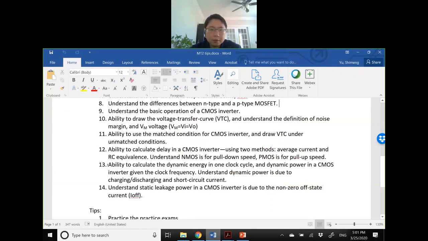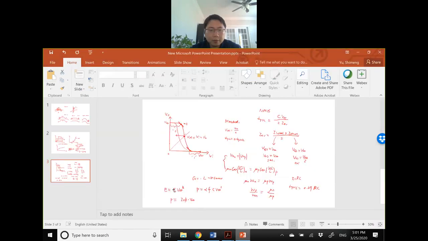Okay, so this is number 13 now. Calculate dynamic energy in one clock cycle and dynamic power given the clock frequency. Understand dynamic power is due to the charging and discharging or the short circuit current, basically the Joule heating. So the energy in one clock cycle is just CVDD square. In one clock cycle there is one rising edge and one falling edge. Each transition, high to low, consumes half CVDD square, and low to high consumes another half.